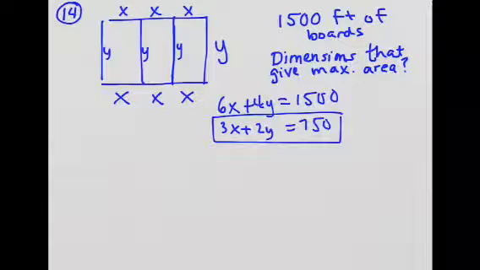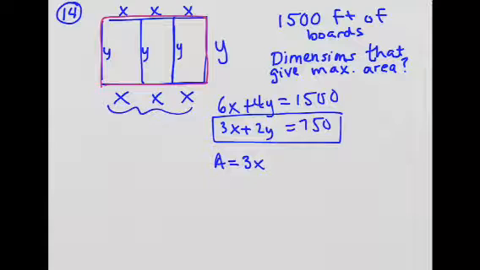Another thing I know is the formula for the area of a rectangle, right? So if I look, and I'll use a different color, I want to maximize this area, right? Total area. So I know that the dimensions of that rectangle for that area are 3x, because I have 3x right here, times y. Okay?